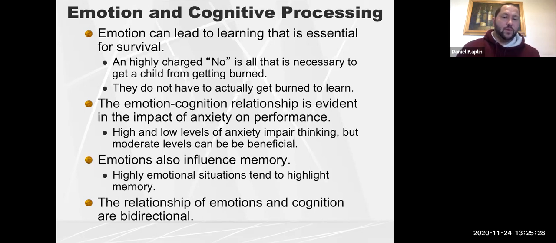It could affect your memory. It could affect your motivation to persist. And ultimately, people with high anxiety avoid the situation that triggers it. So if you're in an academic setting and you have really high levels of anxiety, it could interfere with learning and performance in the classroom.